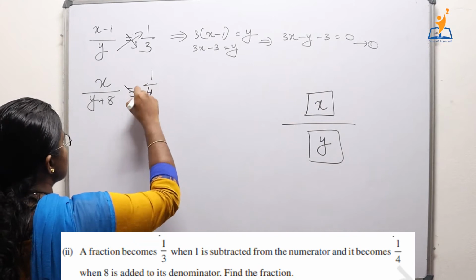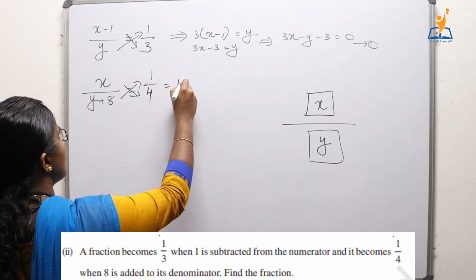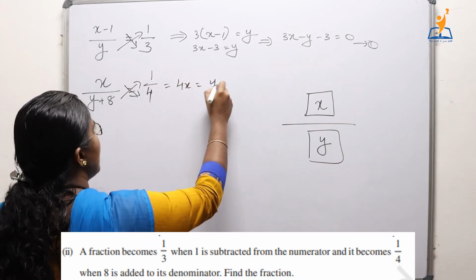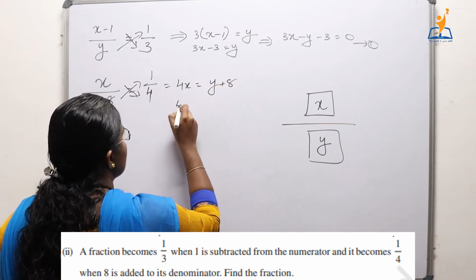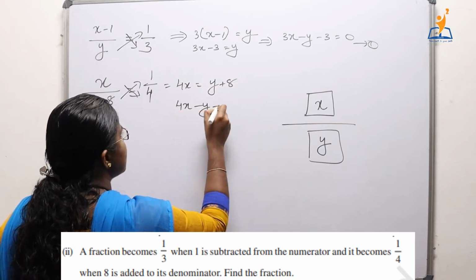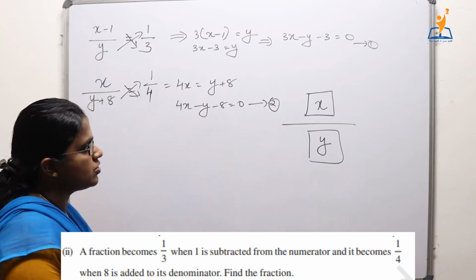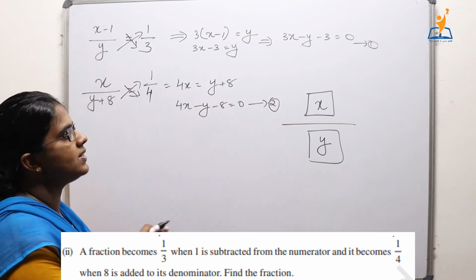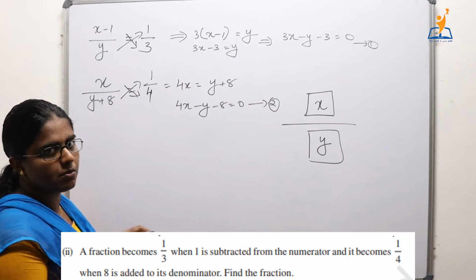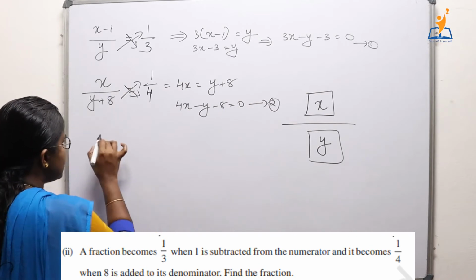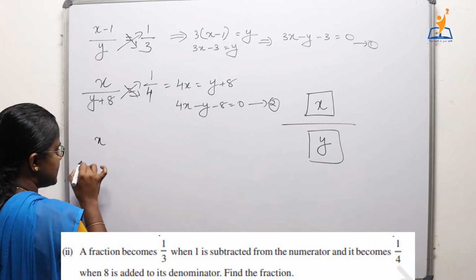Now cross multiplying this, we will get 4x is equal to y plus 8. That is 4x minus y minus 8 equals to 0. This is our equation number 2. So we want to solve this pair of linear equations in two variables. Let's draw the diagram first.